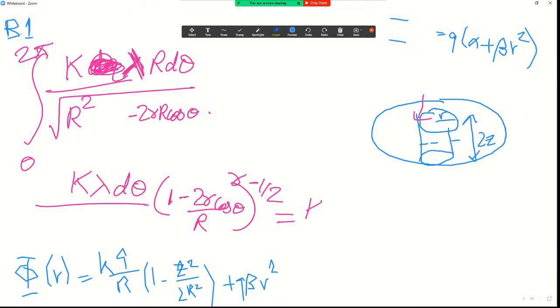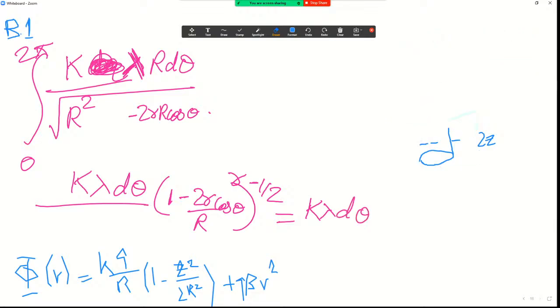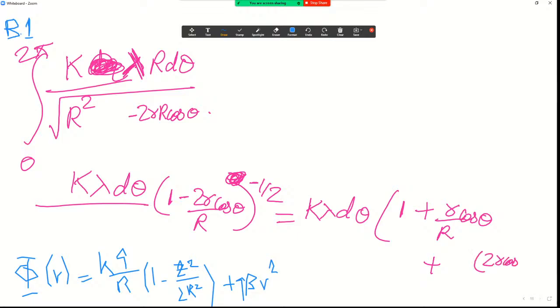And we have k lambda d theta times 1 plus r by R cos theta, and the next term would be plus 2r cos theta by capital R square times 1 by 2 into 3 by 2 by 2 factorial.